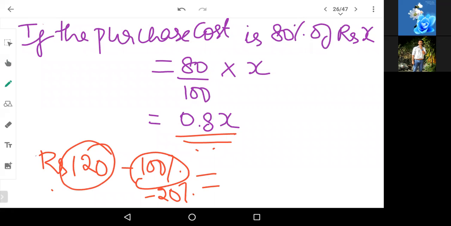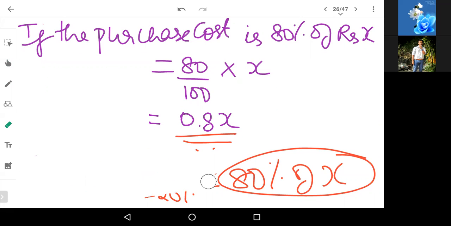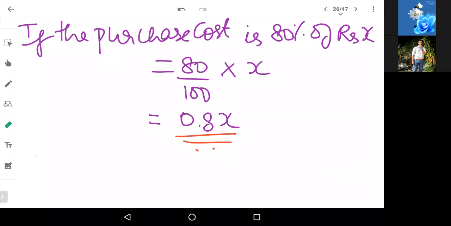That is nothing but 80% of the purchase cost. So that is the derivation that we have done here. That is 80% of X, that is 80 by 100 into X, that is 0.8x.